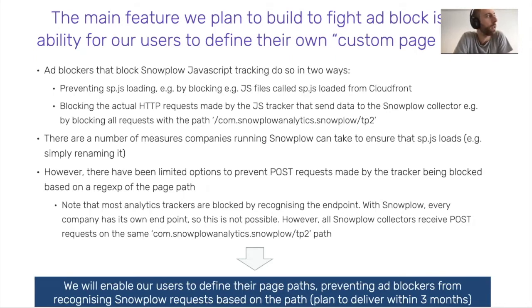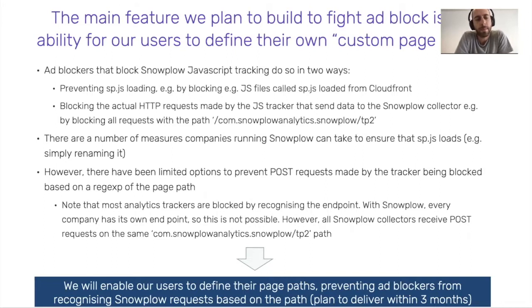I think we've had some users who've gone further and even built the Snowplow JavaScript into their own JavaScript, so it's completely integrated in our client's own JavaScript. But I think the vast majority of our, at least our paying customers, simply rename the Snowplow JavaScript, and that works pretty nicely.